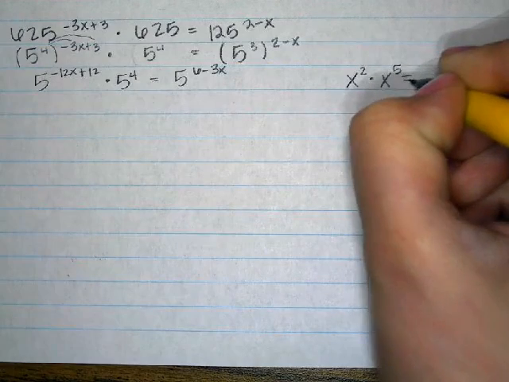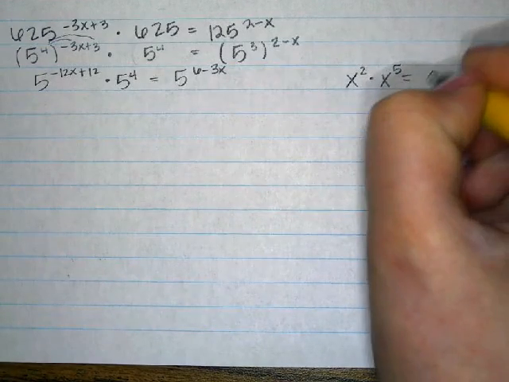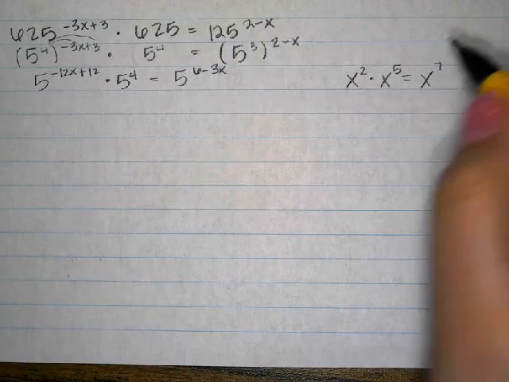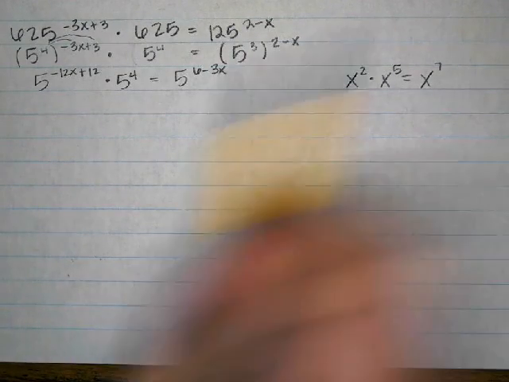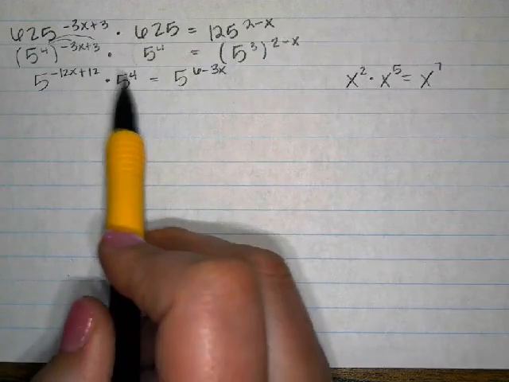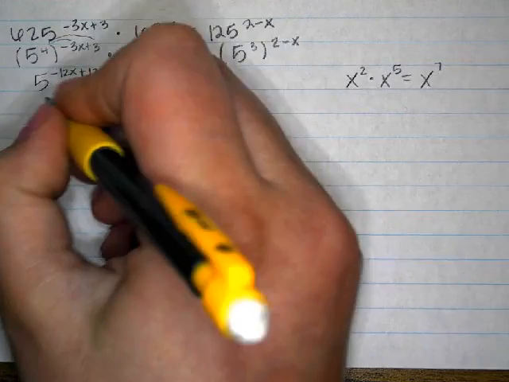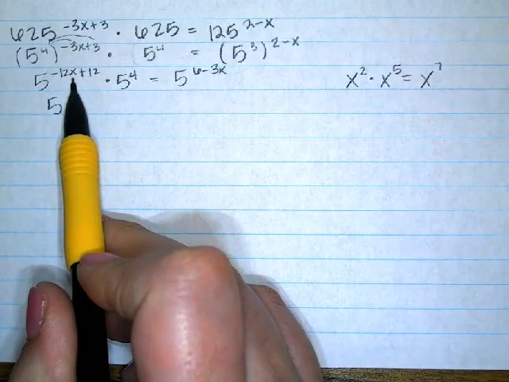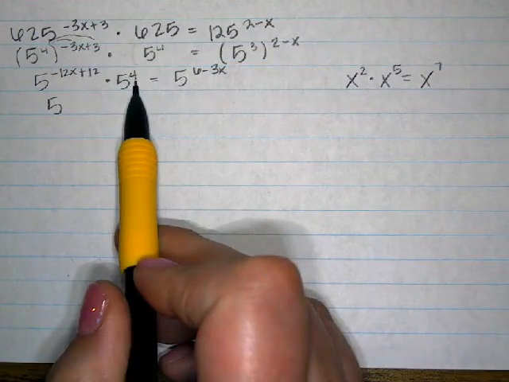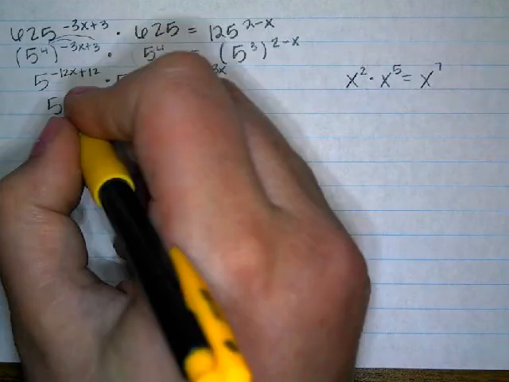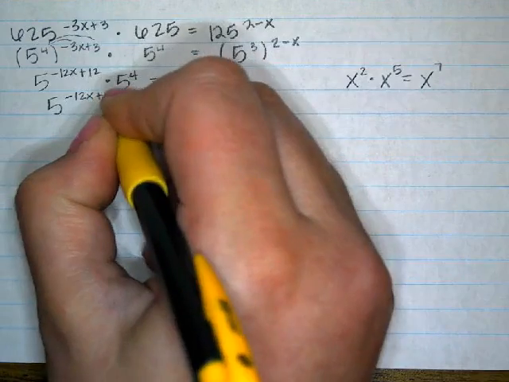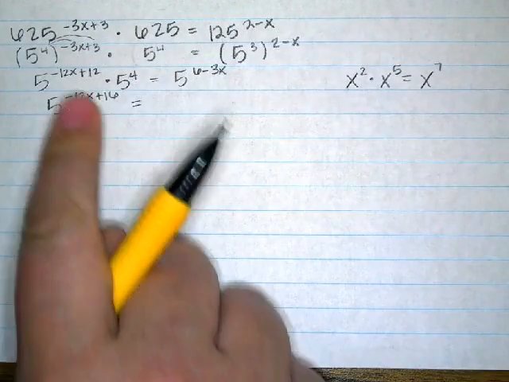And how did you know that so quickly? You add the exponents. Okay, so over here, what do you do with these exponents? You add them. Well, tell me, what's negative 12x plus 12 plus 4? Negative 12x plus 16.